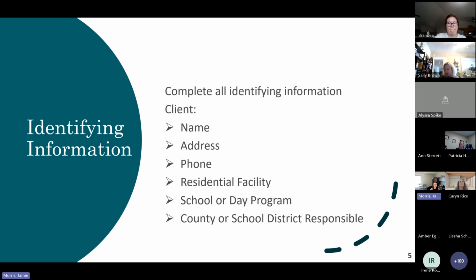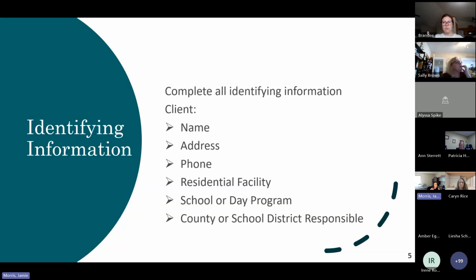For the county or school district, this comes into play if there is somebody who is fiscally or financially responsible for that individual. We know that individuals 21 or younger in a residential setting will have a school attached to them for the tuition and match, so you can put that school on that line.